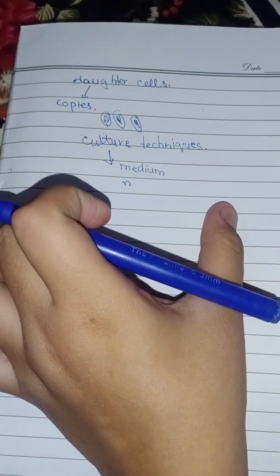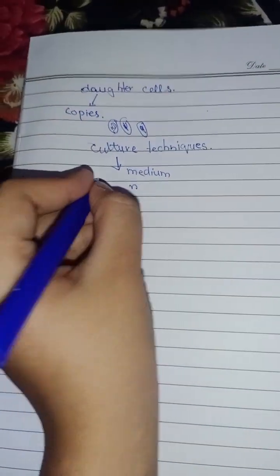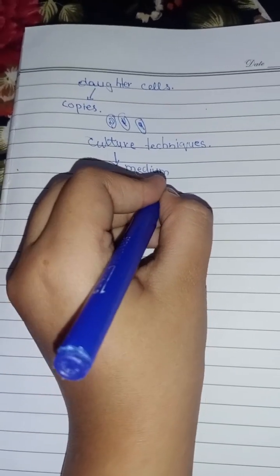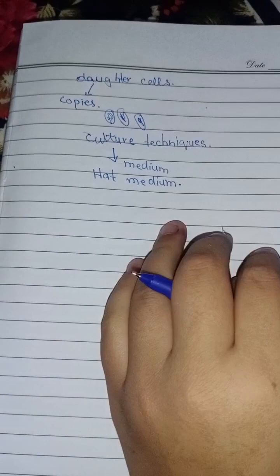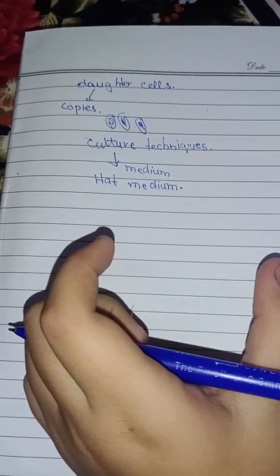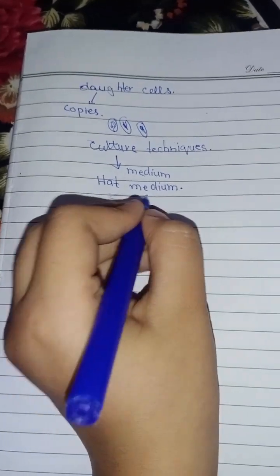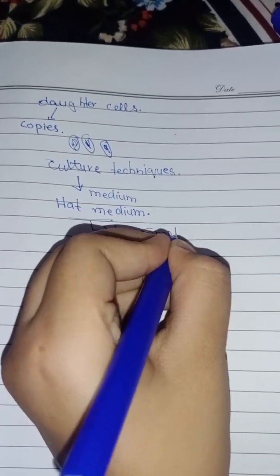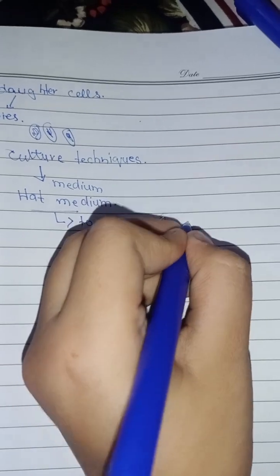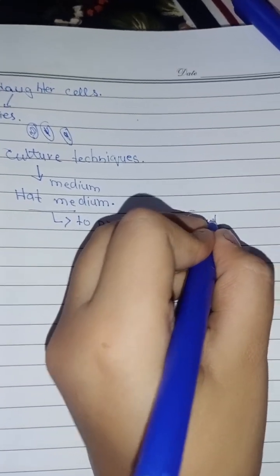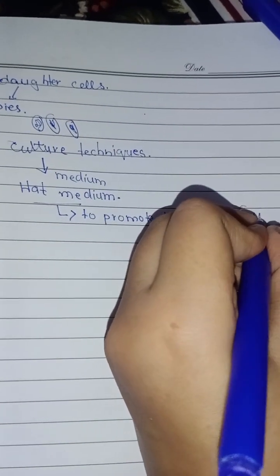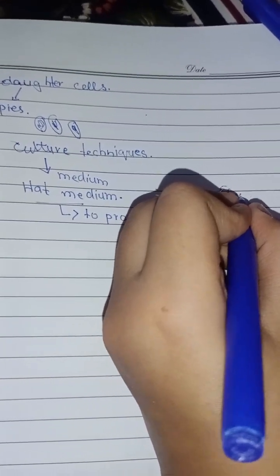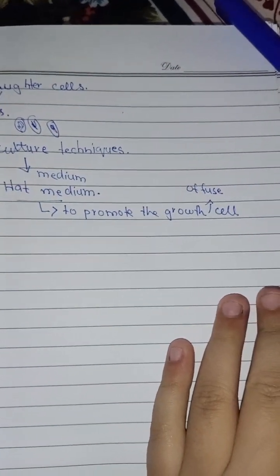And that medium is called HAT medium. Now we give one medium which is known as HAT medium to promote the growth of the fused cell.